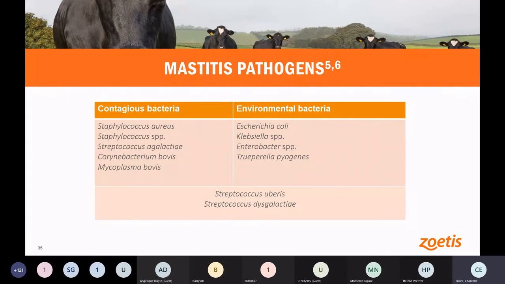Strep agalactiae, Corynebacterium, and Mycoplasma bovis are contagious, and your environmental bacteria are your E. coli, your Klebsiella, etc. And then your fence-sitting bacteria are your Streptococcus uberis and your Streptococcus dysgalactiae, meaning they can be either contagious or environmental.